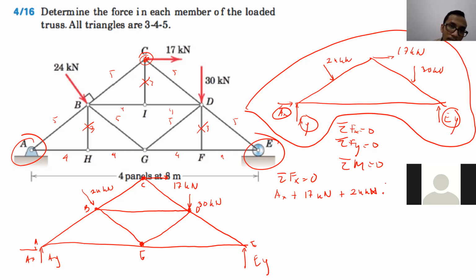Cosine. The angle is like this. Okay, 3, 4, 5. This one is theta. I will help you. In this case, cosine or sine? In this case, it would be sine theta.